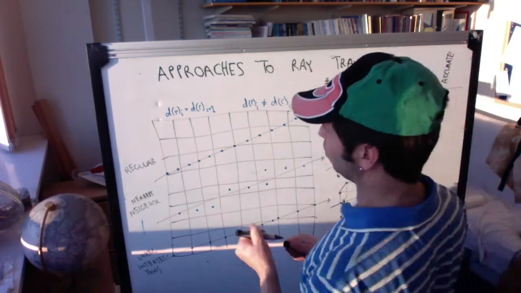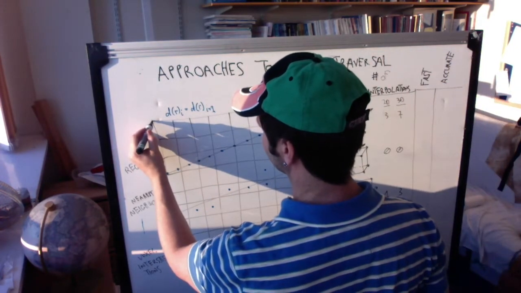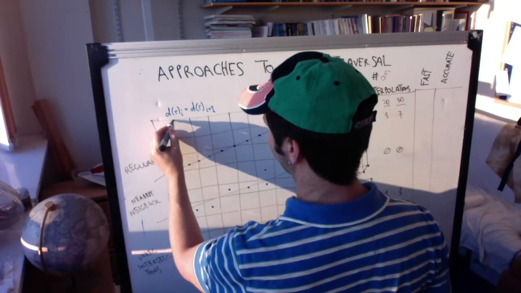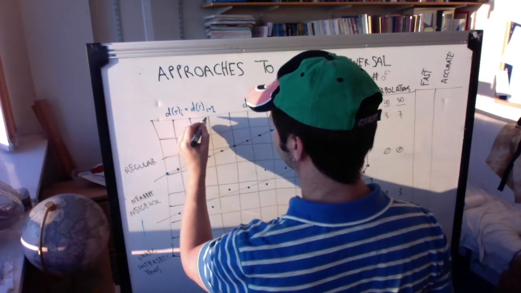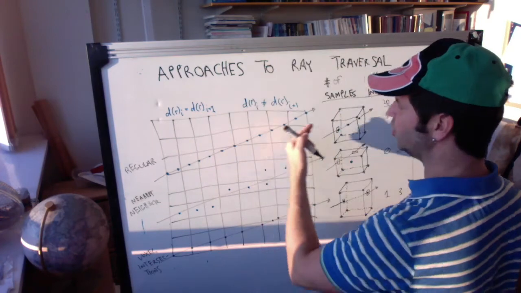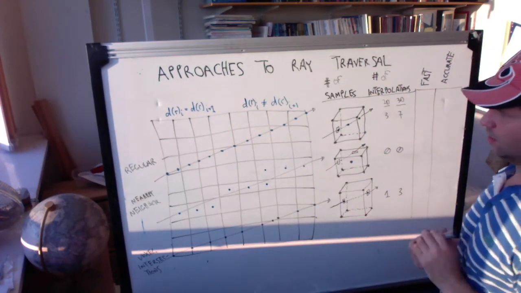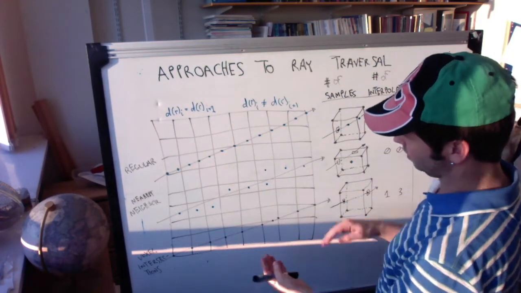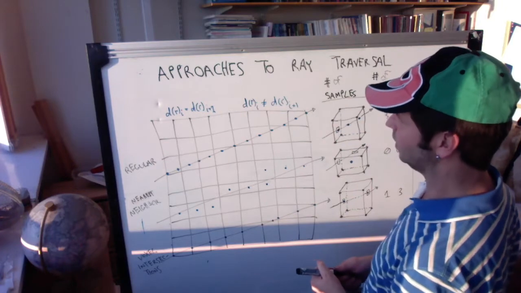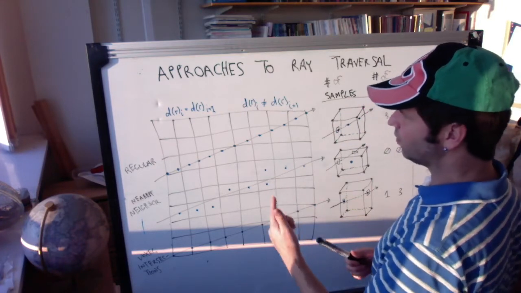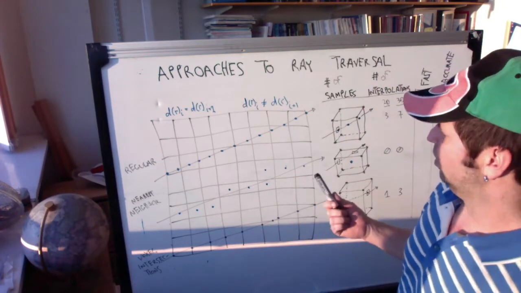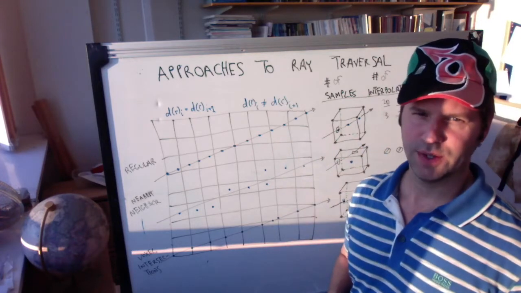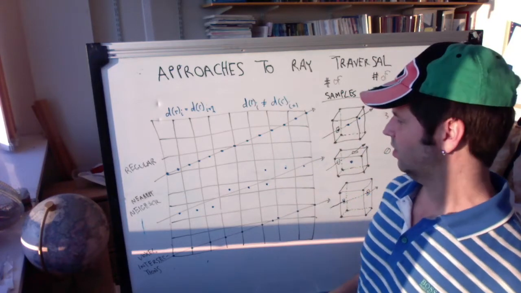And the data is stored at the corners of the grid cells. And when we shoot a ray into that volume data, in this case it's projected onto 2D, there are different ways we can sample the data. And they have advantages and disadvantages.